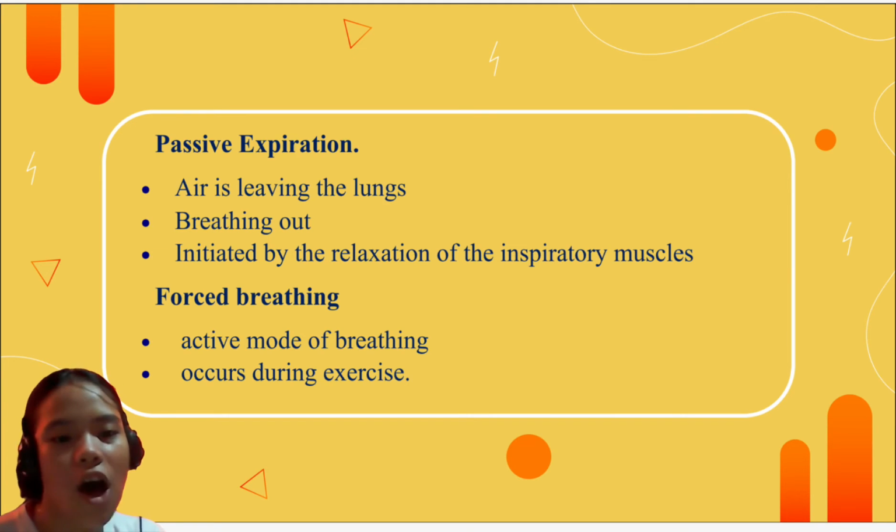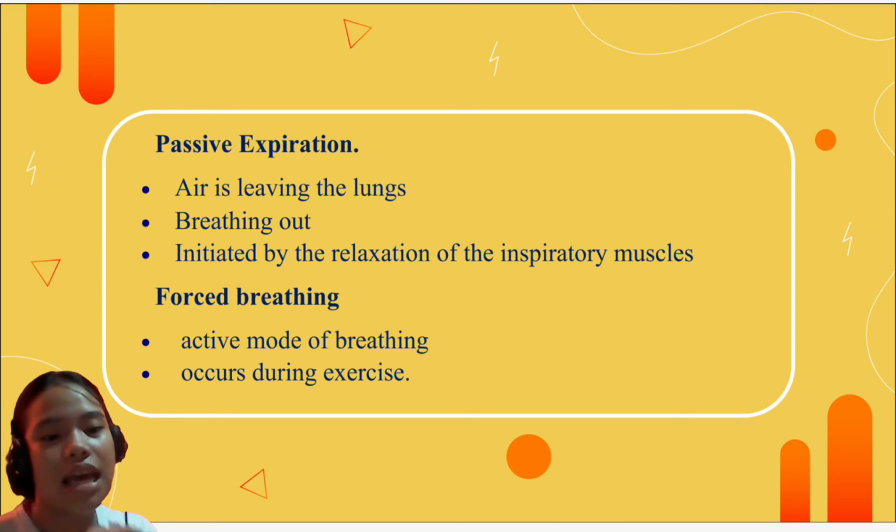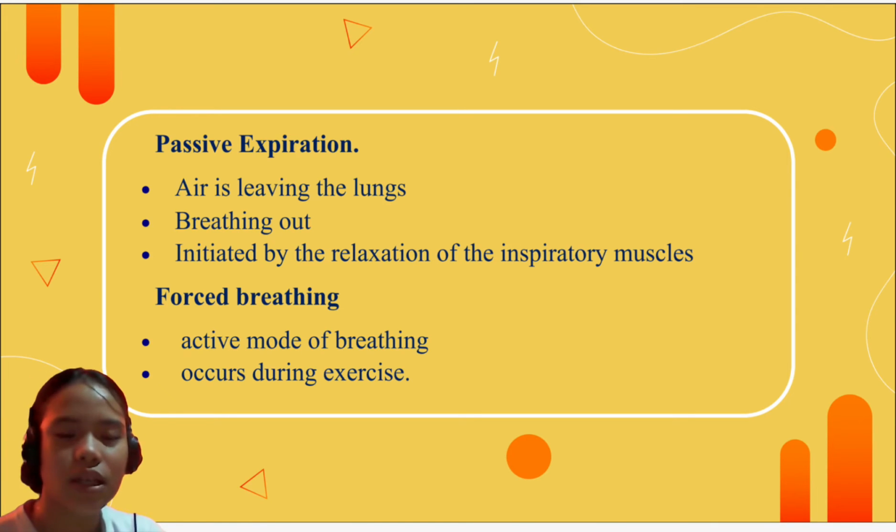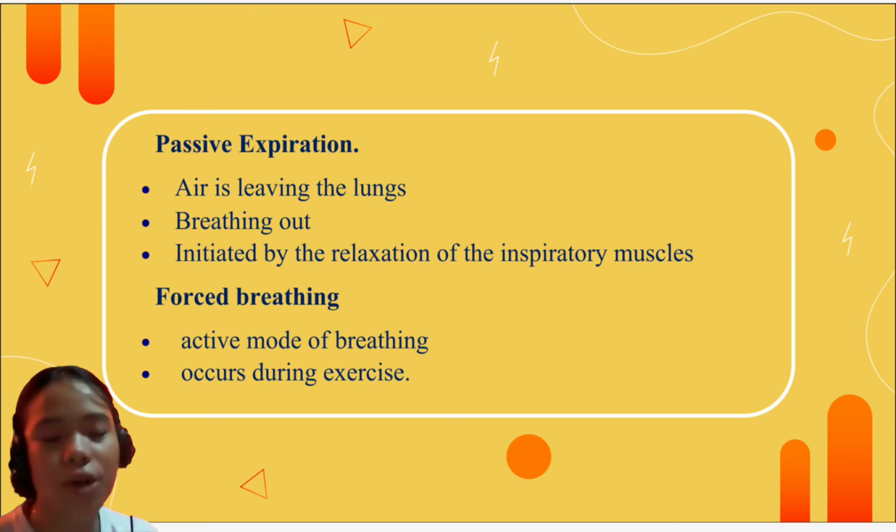As per Boyle's law, a decrease in lung volume results in an increase in the pressure within the lungs. So the pressure inside the lungs is now greater than the external environment, meaning air moves out of the lungs down the pressure gradient. So let's get to know the forced breathing.